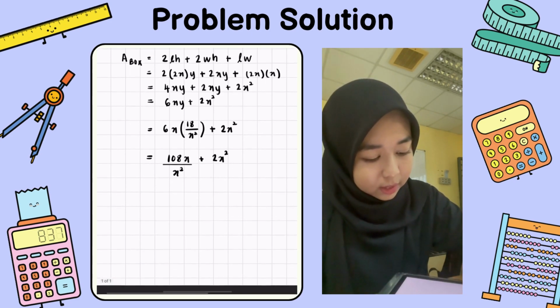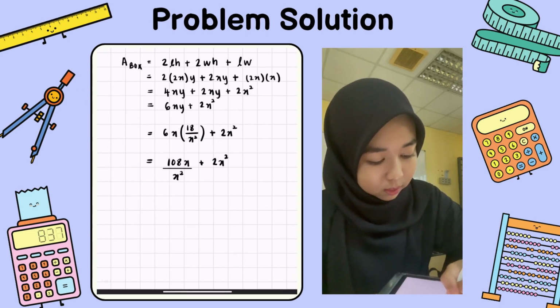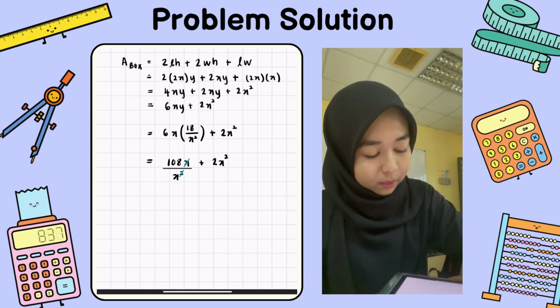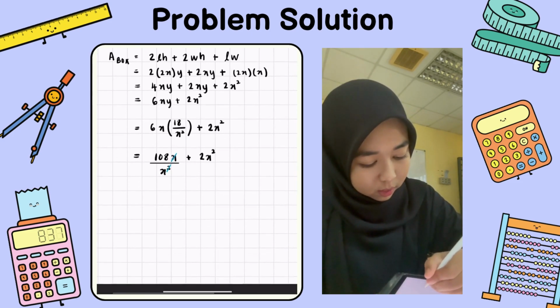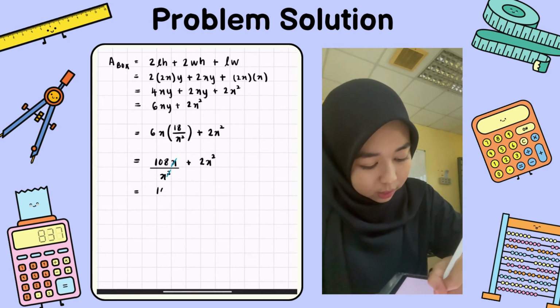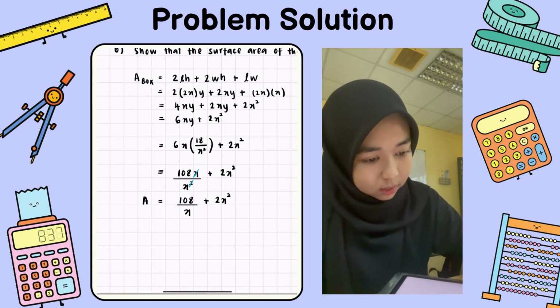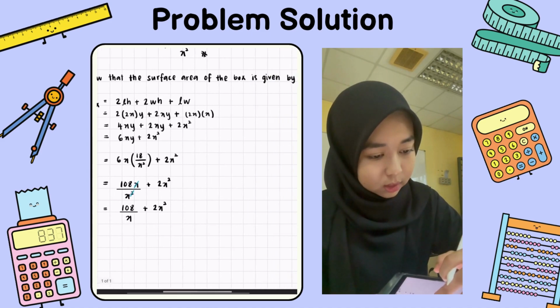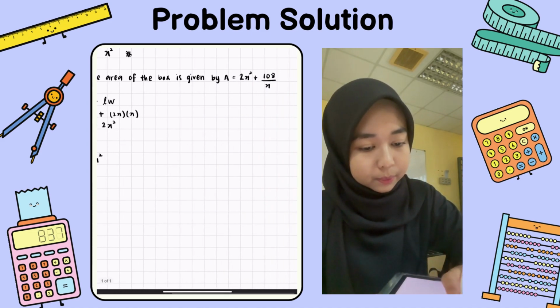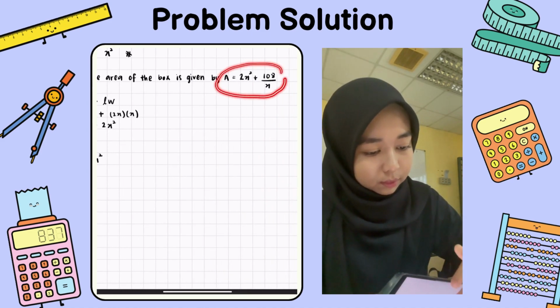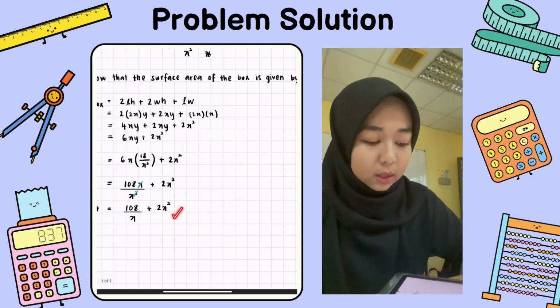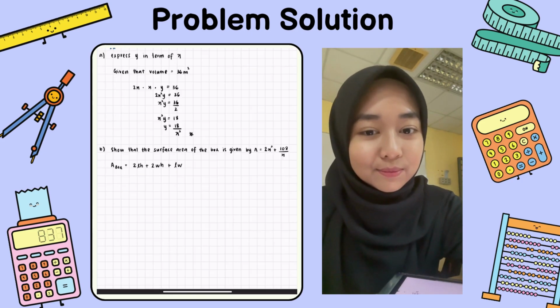We can simplify this by canceling out x, so it will be 108 over x plus 2x squared. So it's shown that this surface area is the same as the given. So this will be the answer for B.